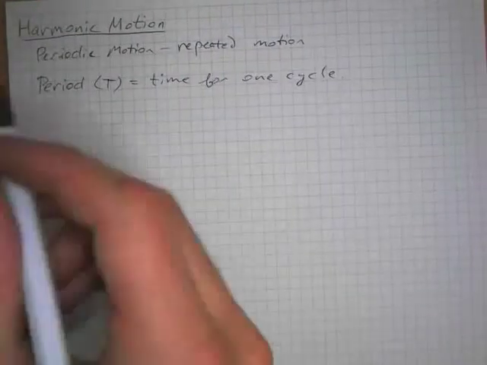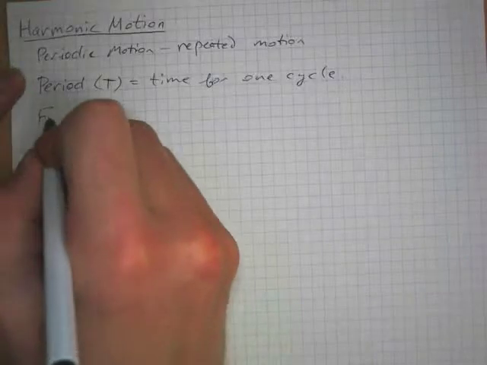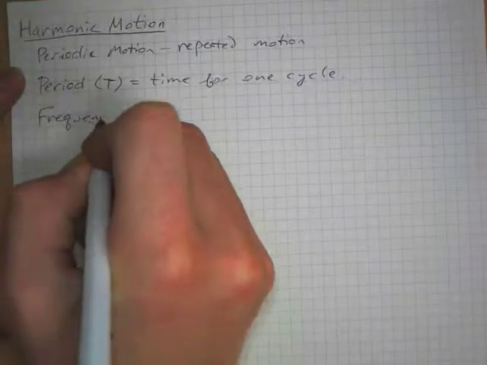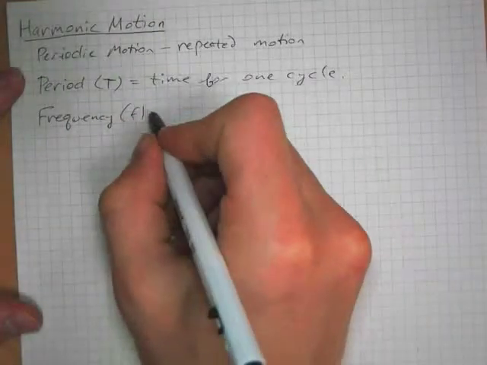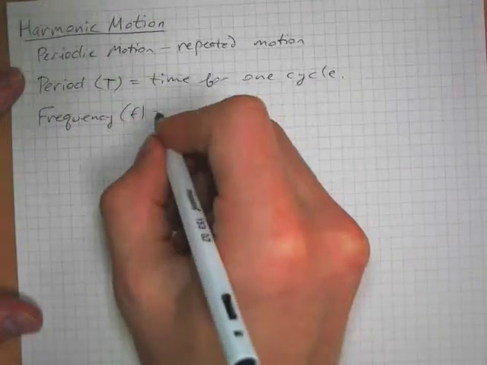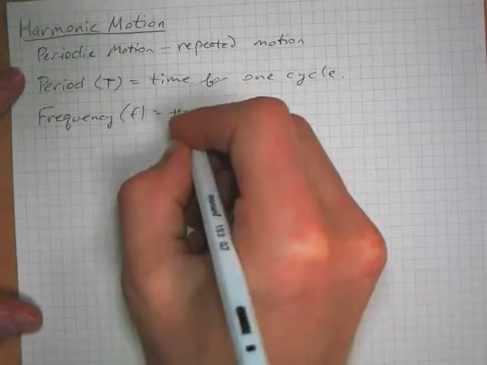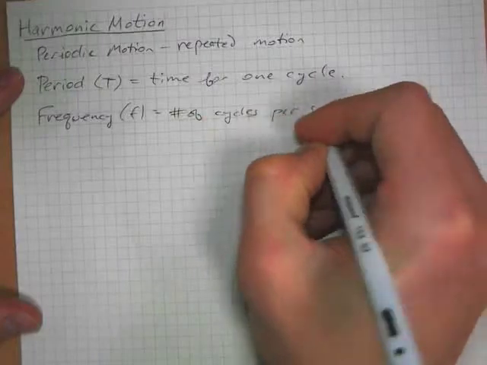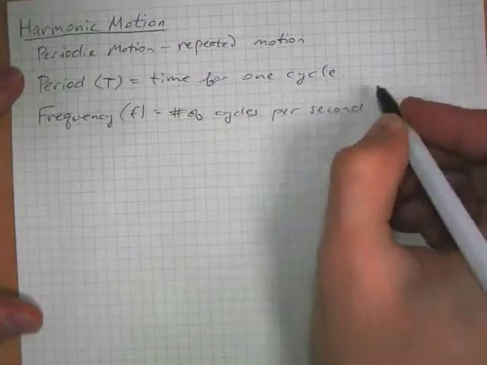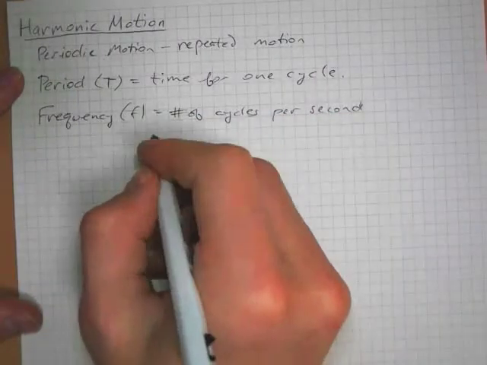And closely related to the period, also a useful measure is the frequency, which is letter f, and this is the number of cycles per second, and as such is the inverse of the period.